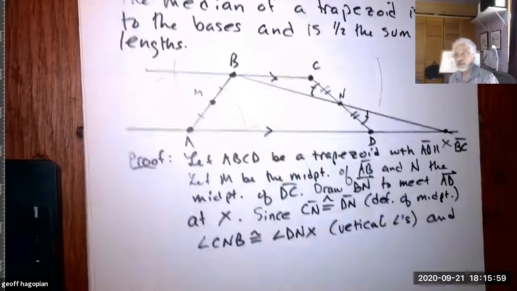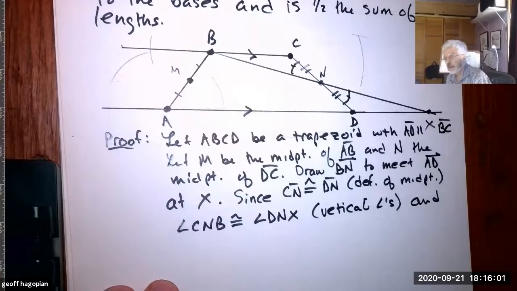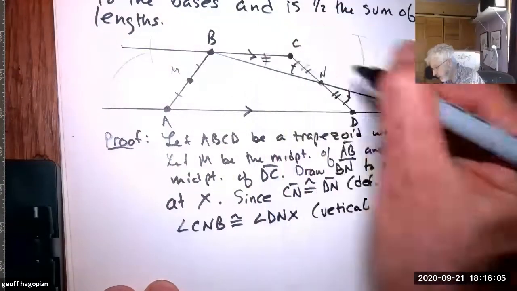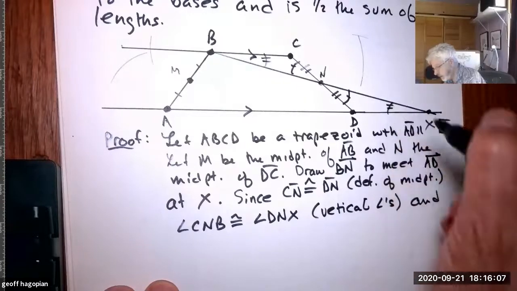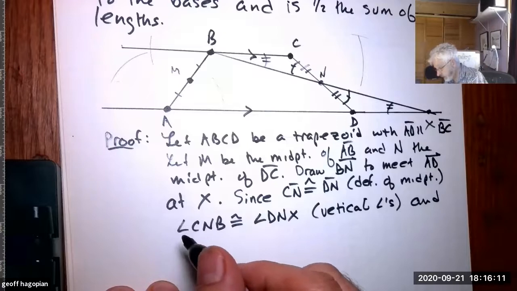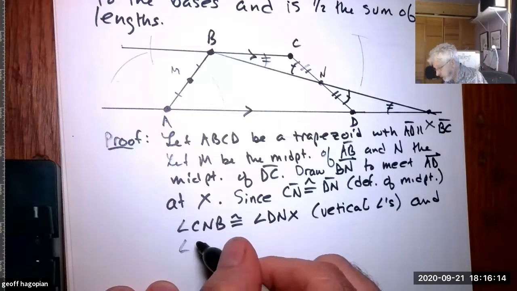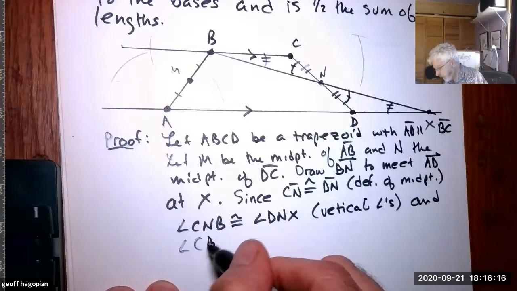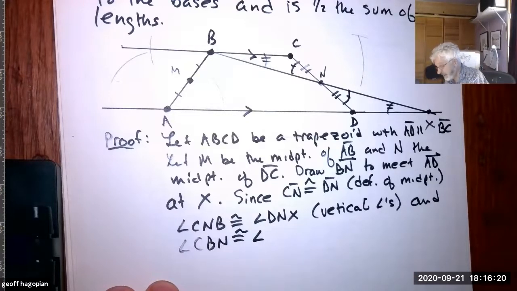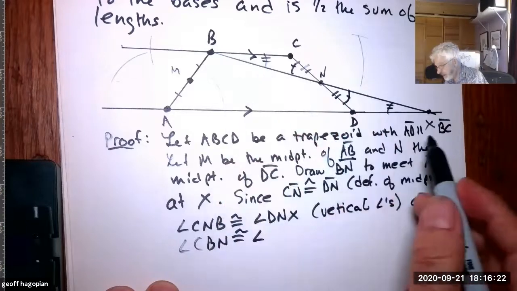Furthermore, this angle here is congruent to that angle there, and what justifies those? Angle CBN is congruent to angle DXN, right?